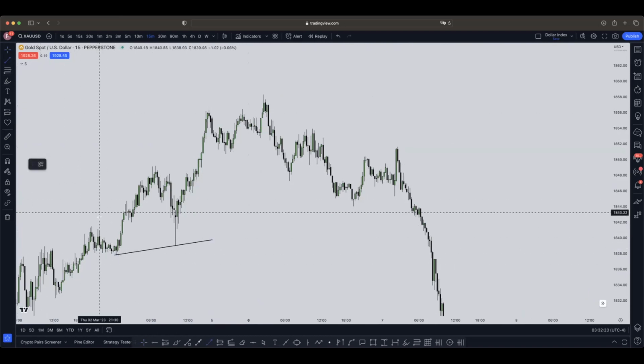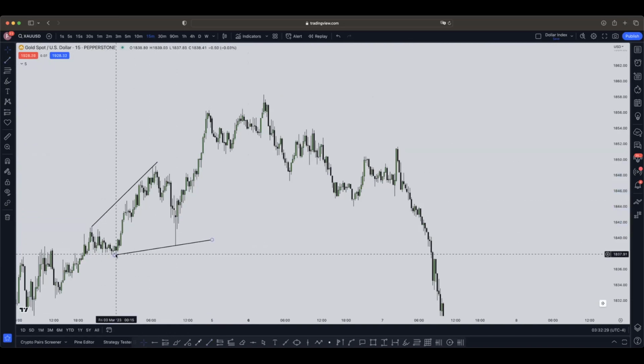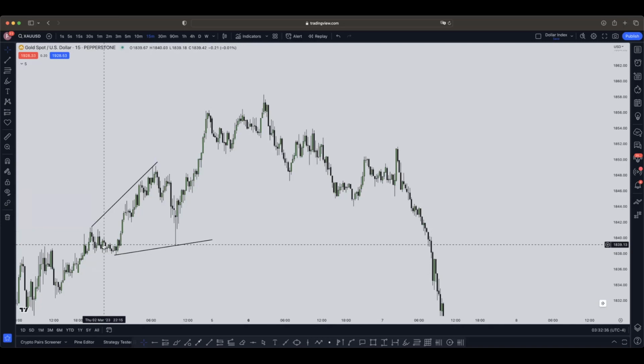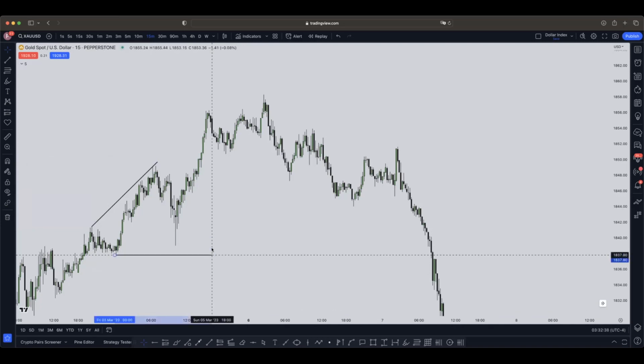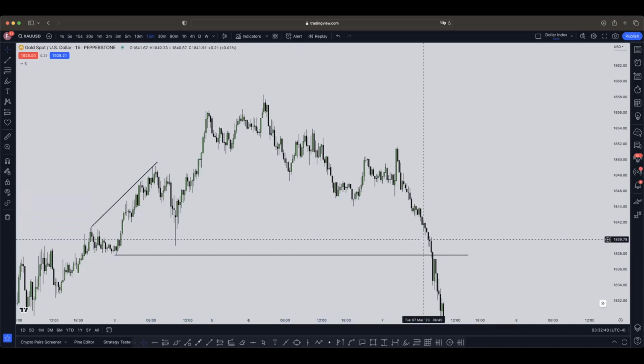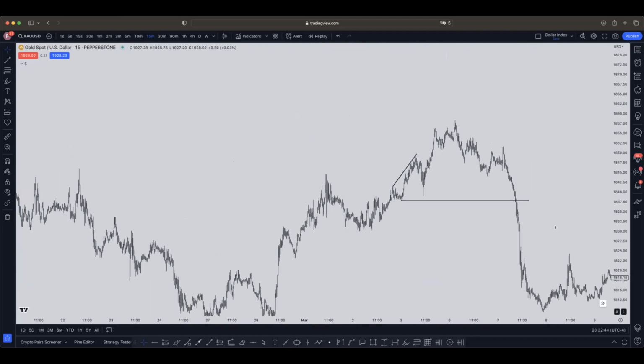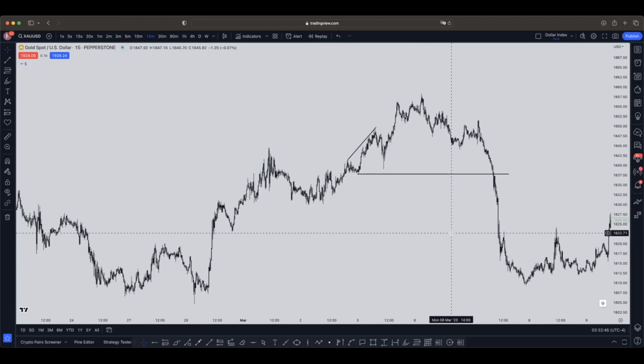The highest high here is connected to this low, and this one is connected to this low. This is a symmetric channel trendline liquidity. Price will aim to go for that. Now you can see it's going even lower than that. If it's going even lower, then there's probably a higher time frame premise to this.